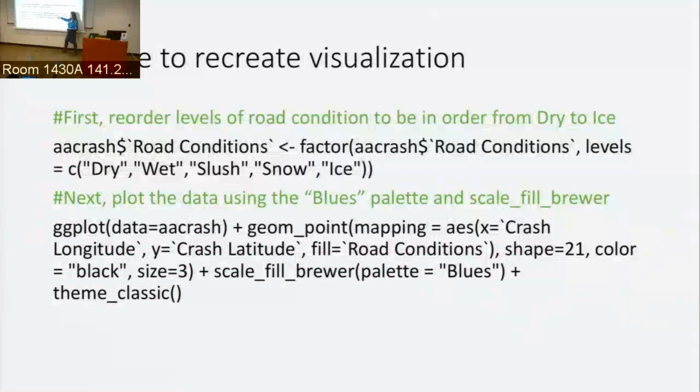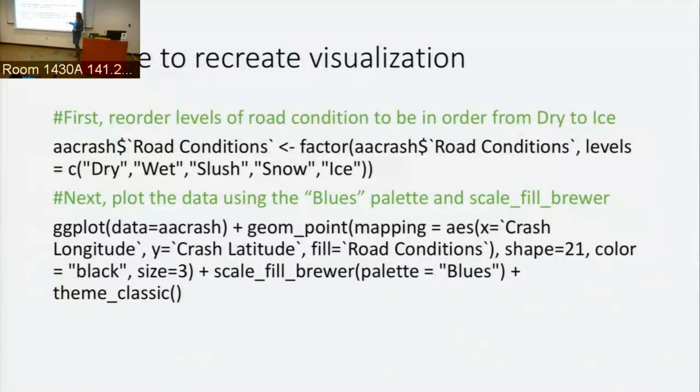We're mapping our x and y coordinates with longitude and latitude. Here, we're going to use the fill parameter, not color, because we want a shape that has a fill of one color and an outline of a different color. So fill here is the one you want, and that's going to be mapped onto road conditions. So your road conditions will vary as a function of how much fill is in each circle. So here we want a shape that allows us to have a different color for the inside of the circle versus the outline. Like I showed you, that shape in our case could be something like 21.